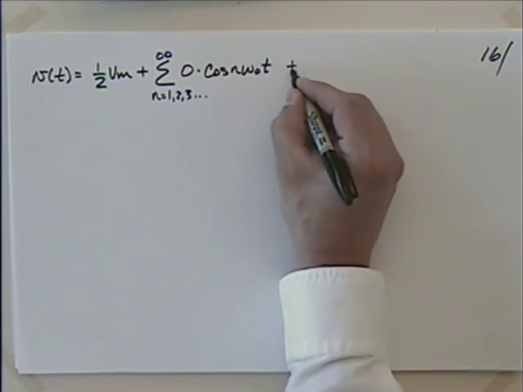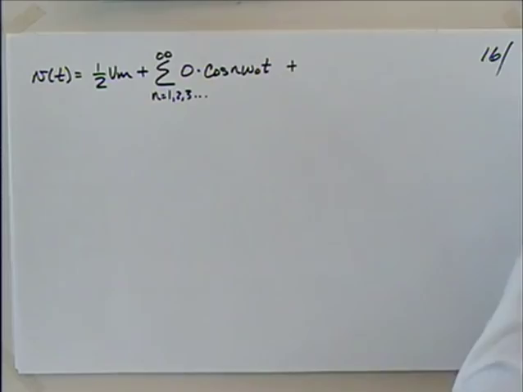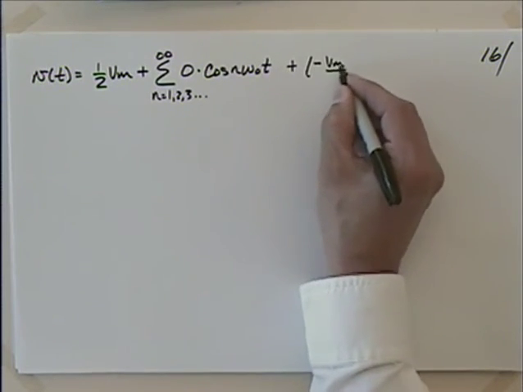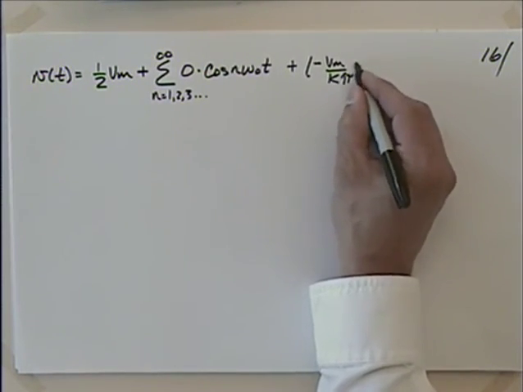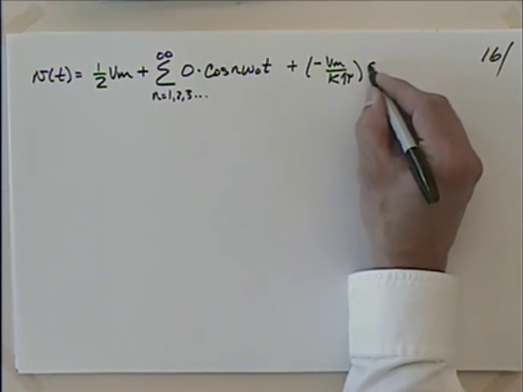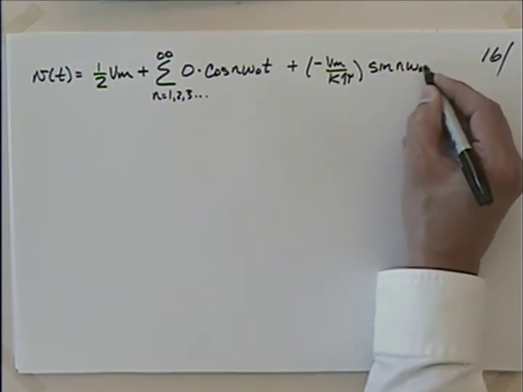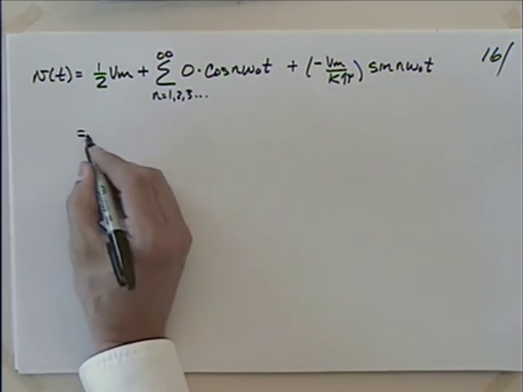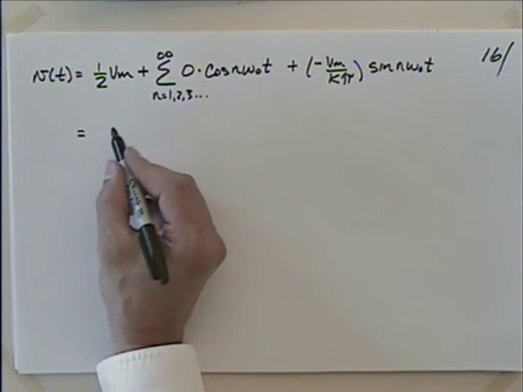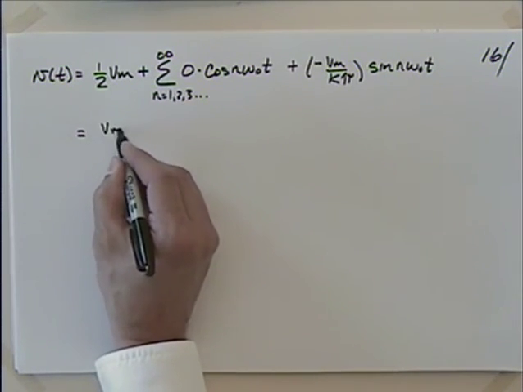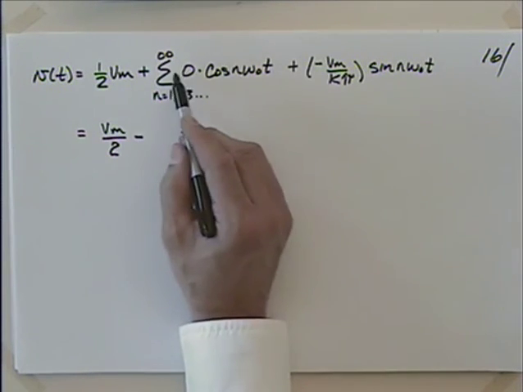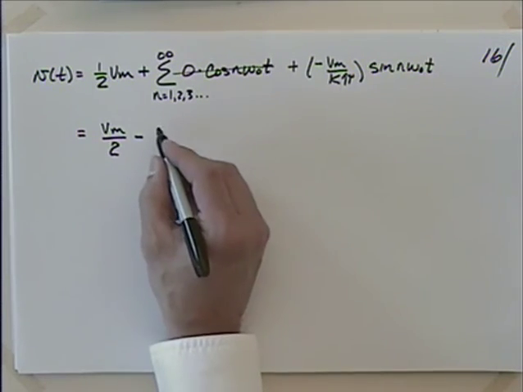Plus, then we're going to have b sub n. So I have this minus Vm divided by k times pi times the sine of n omega naught t. So we can tidy this thing up. What's that going to look like? Vm over 2. And then I'll subtract off. I think I can factor, this one goes away because it's 0, right? I can factor this one out.